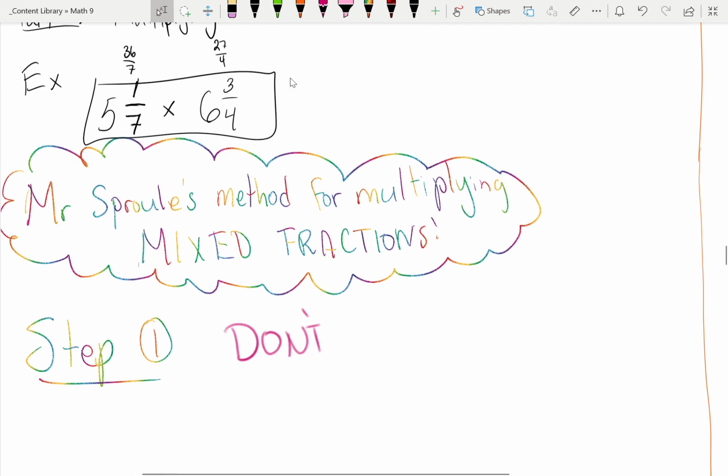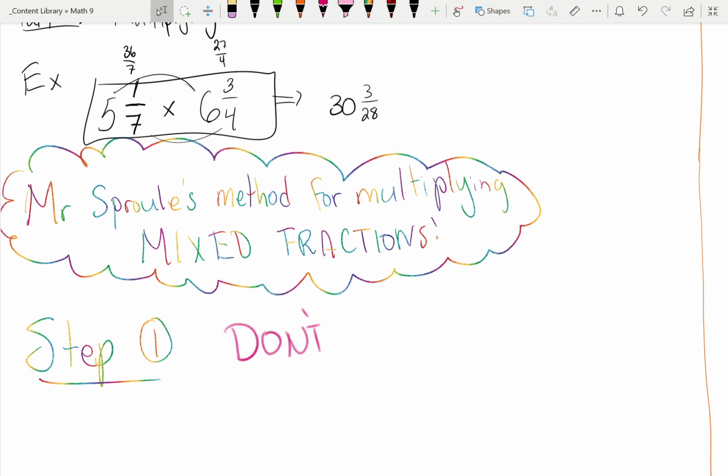If I was to look at this, my brain automatically thinks, hey, multiply the whole numbers together and then multiply these together. So I would get something like 30 and 3 over 28. So in my mind, that's what my first step would be.